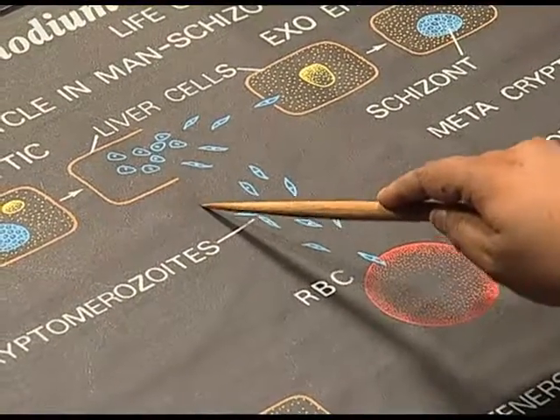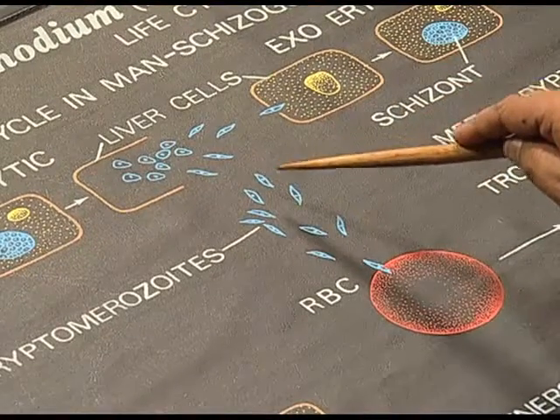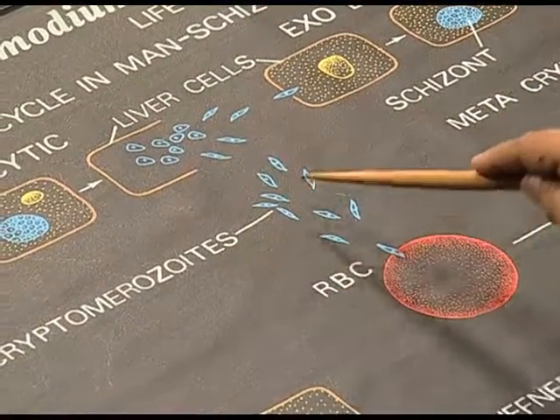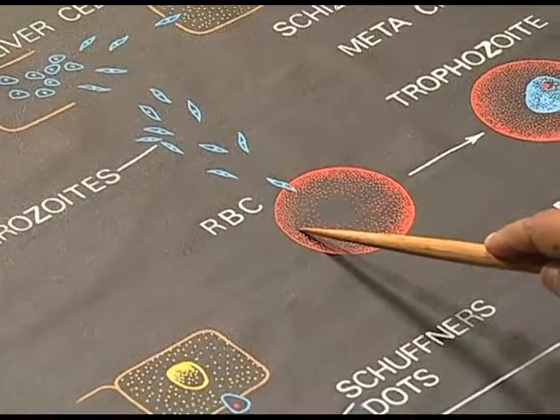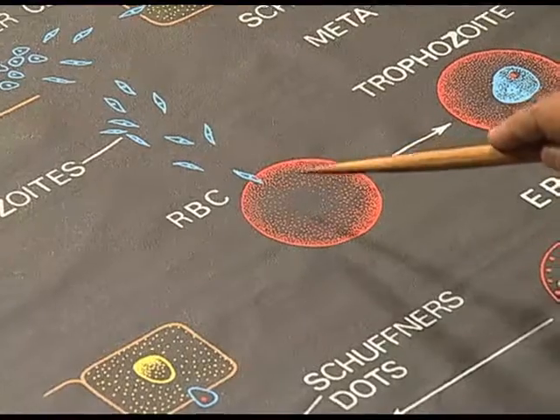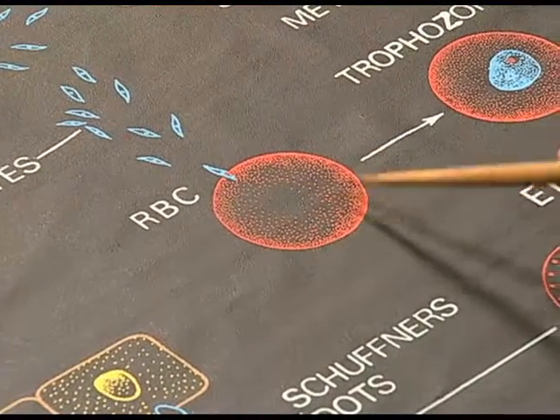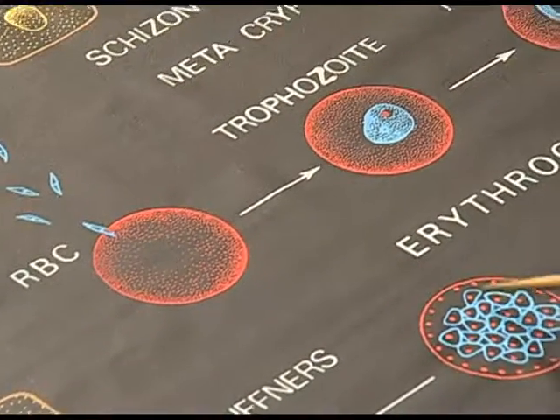Here you can see, after the liberation of microcryptomerozoites, they come to the RBC. After the infection or invasion of the RBC, they go into the erythrocytic cycle.